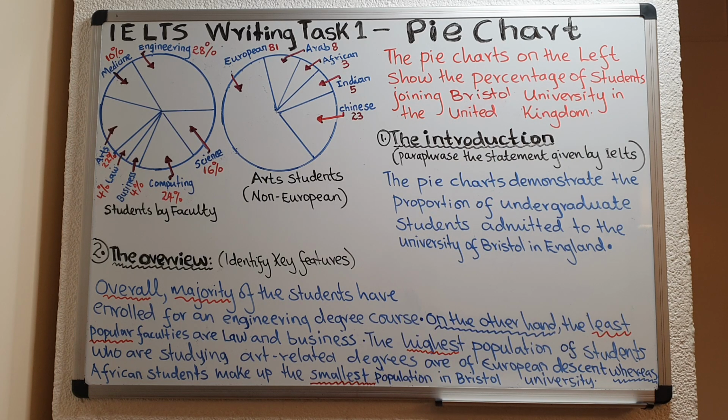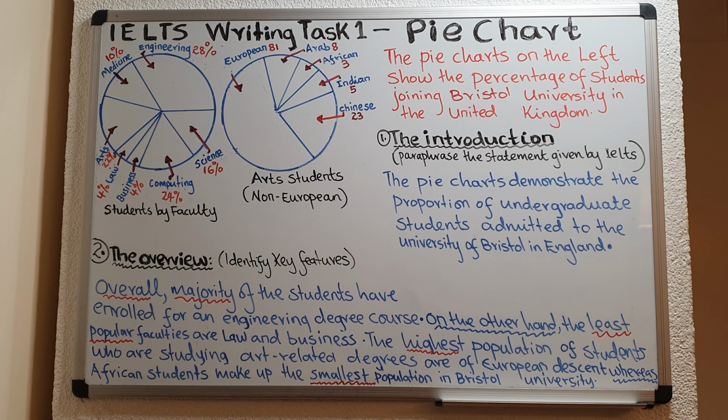Okay, joining, we are going to replace that with admitted. Okay, joining, we replace that with admitted. Okay, and then instead of writing University of Bristol University, we are going to replace that with the University of Bristol in England.